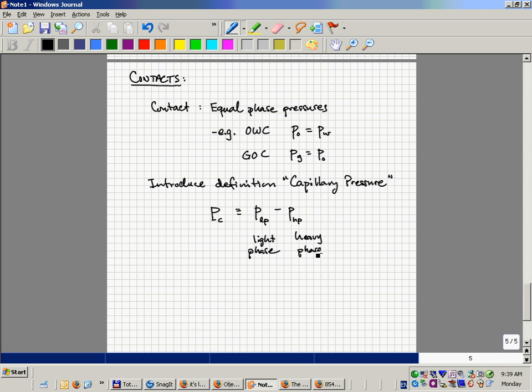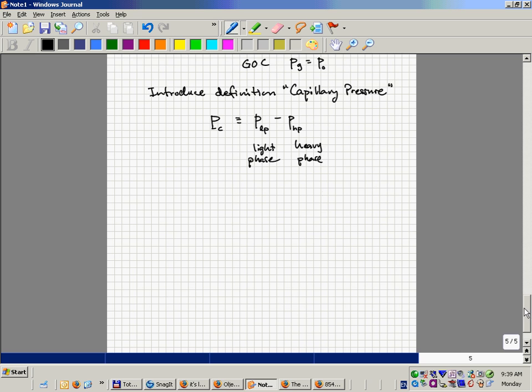So, for example, PG minus PO, or PO minus P water, they would be the capillary pressure of gas oil, and that would be the capillary pressure of oil water.